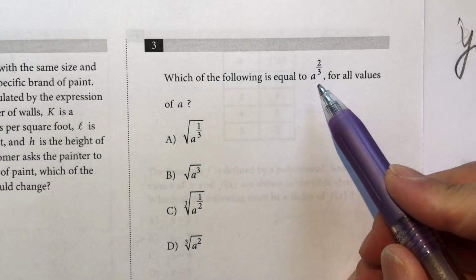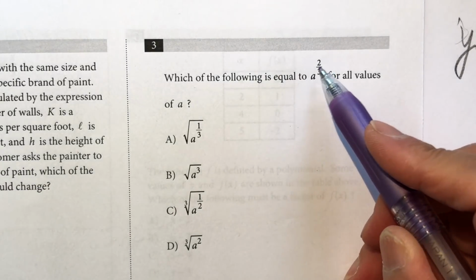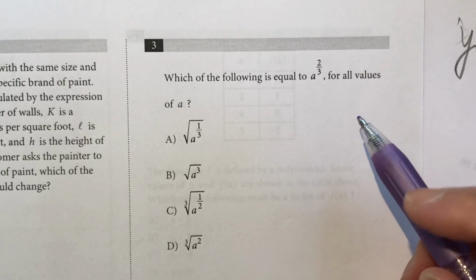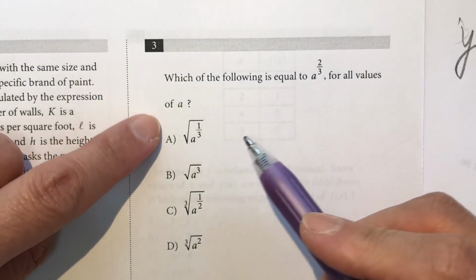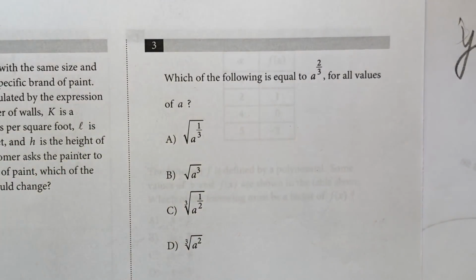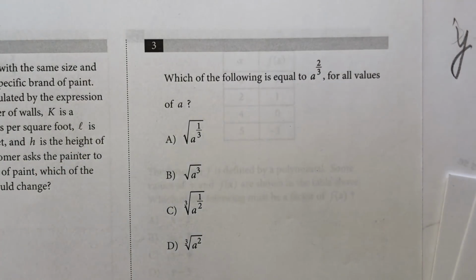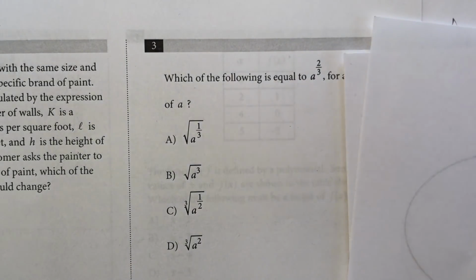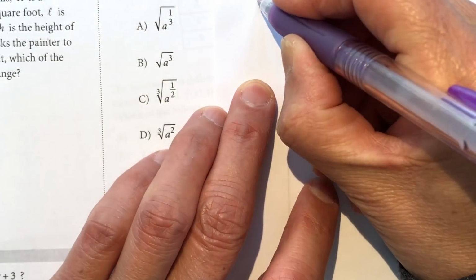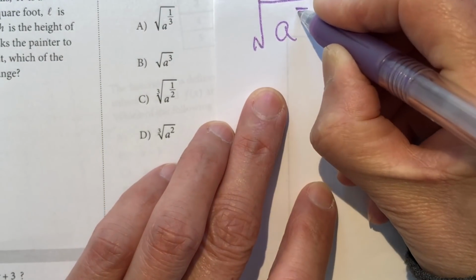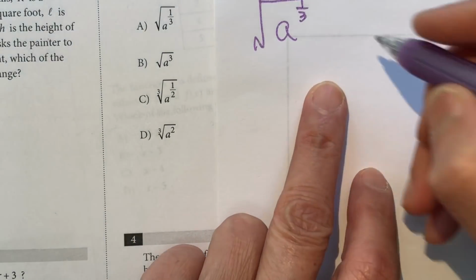Okay. Which of the following is equivalent to A to the power of 2/3 for all values of A? So this one we just need to write the exponential expression, clean and more explainable.